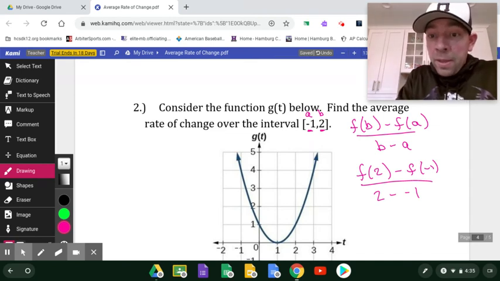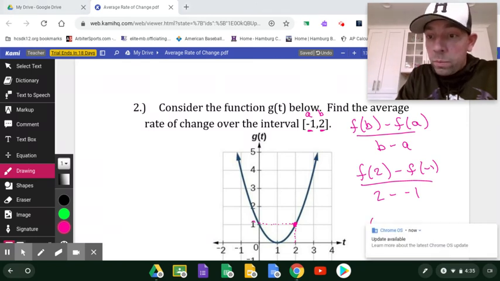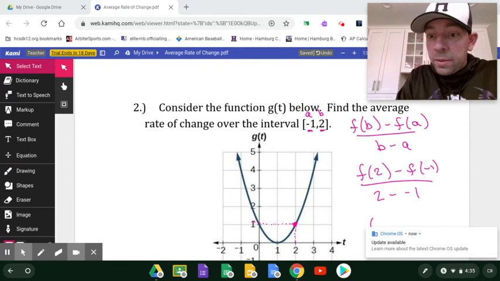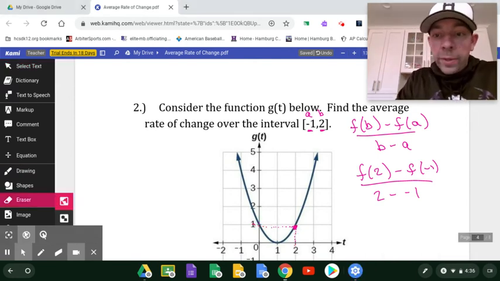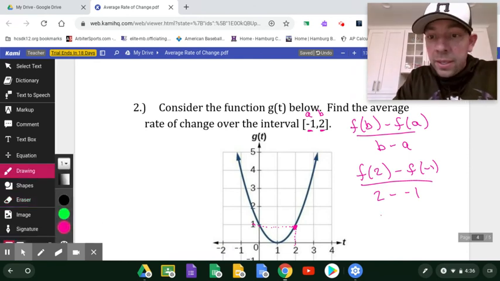So let's see. According to my graph, f of 2 is going to be this value right here. And so at x equals 2, the corresponding y value is a 1. So f of 2 is a 1 minus, let's see.